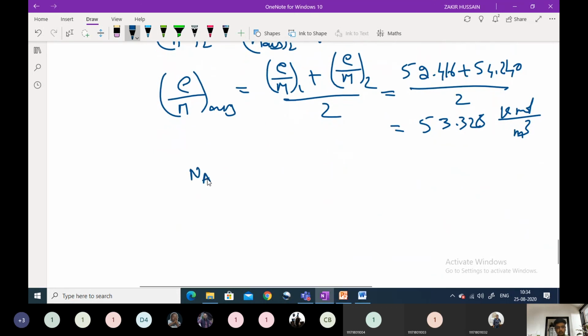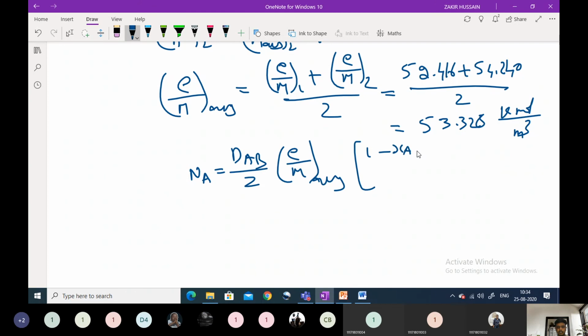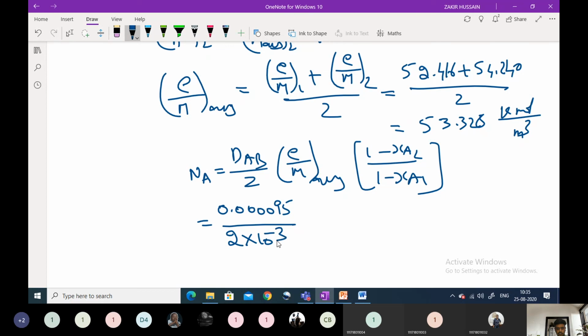NA is equal to DAB by Z, rho by M average, into ln of 1 minus XA2 by 1 minus XA1. DAB they have given as 0.4 times 0.95, I guess. Z they have given as 2 mm, that is 2 into 10 power minus 3 meter. Rho by M average we just calculated, 53.328.